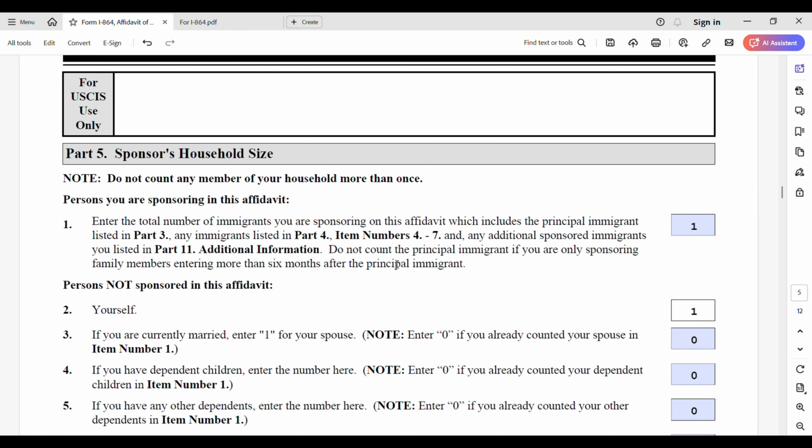Do not count the principal immigrant if you are the only sponsoring family member entering more than 6 months after the principal immigrant. In my case, it is one, just my wife, the person in part 3.